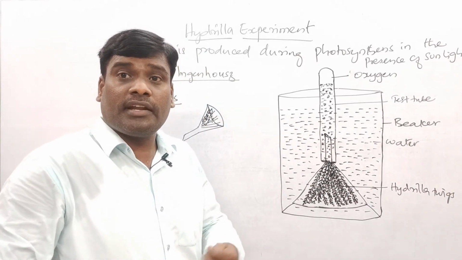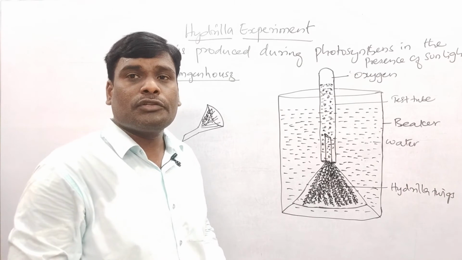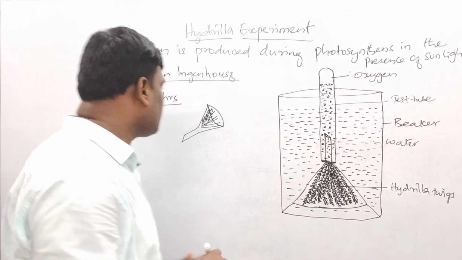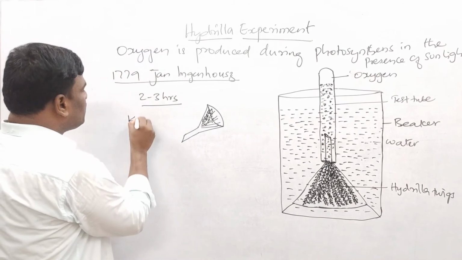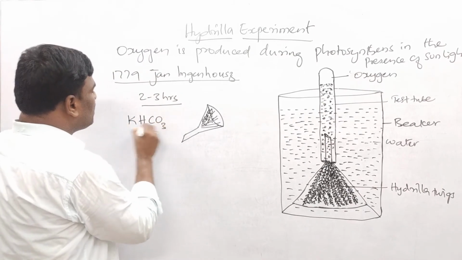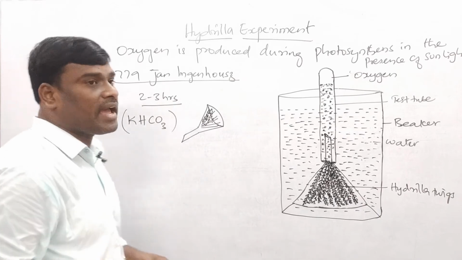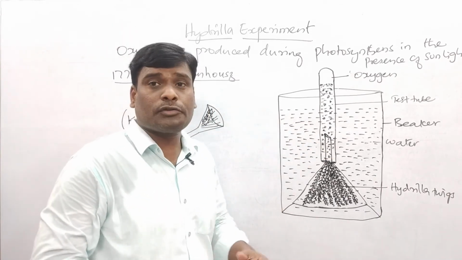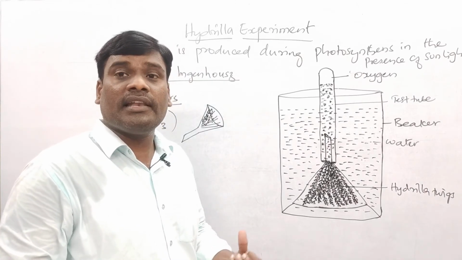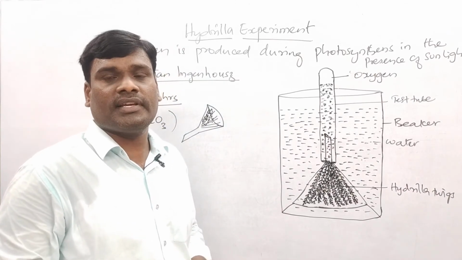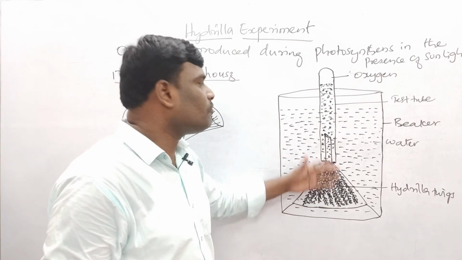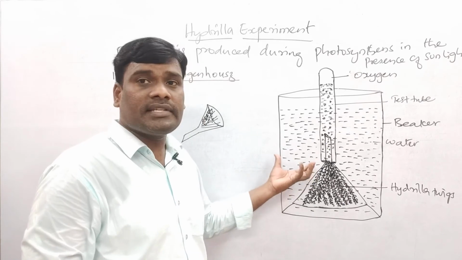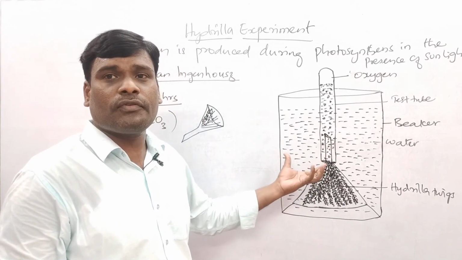So in order to get a good result, we can add potassium bicarbonate also children. Okay, so this potassium bicarbonate, KHCO3, in dilute form, we can add it to this water so that the carbon dioxide level will increase, isn't it? And water is also already there. So we have provided all the necessary requirements for the process of photosynthesis.